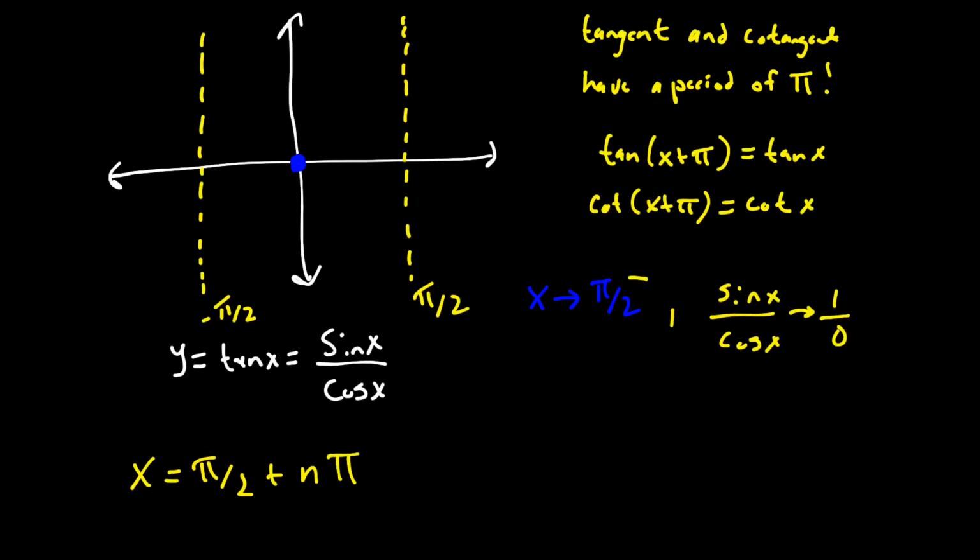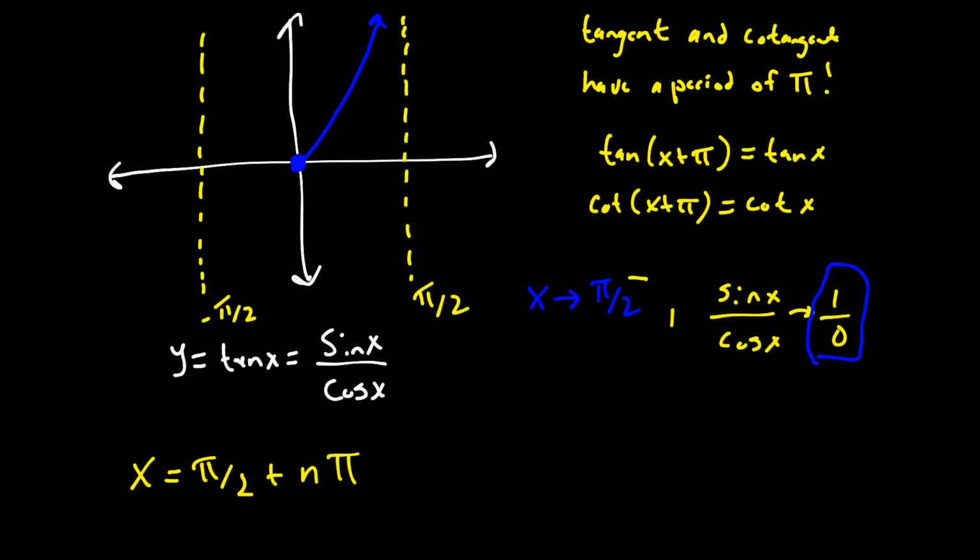And furthermore, since our values of sine x are positive when we approach 1 and our values of cosine x are positive when we approach 0, then our values of tan x are also going to be positive. And so this is going to be a positive number that's growing exponentially large as we approach pi divided by 2 from the left-hand side, which means our graph looks something like this.